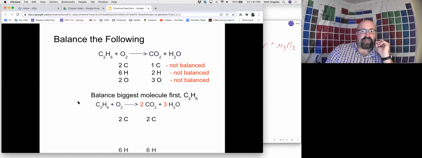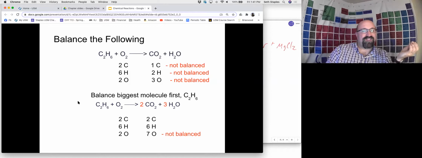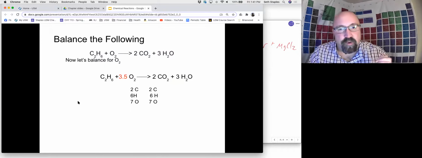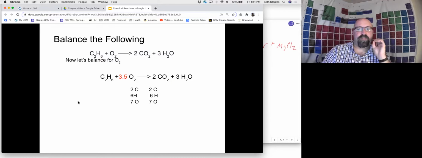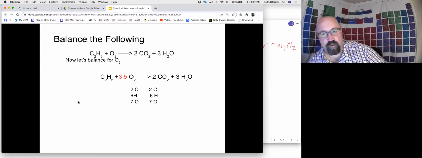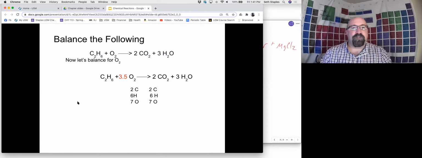We can see that our carbons are okay, our hydrogens are okay. We need to do something about our oxygens. Now, you might get to this point with certain balancing reactions and say, geez, if I could just put a 3.5 here, that would take care of it. And it would, right?